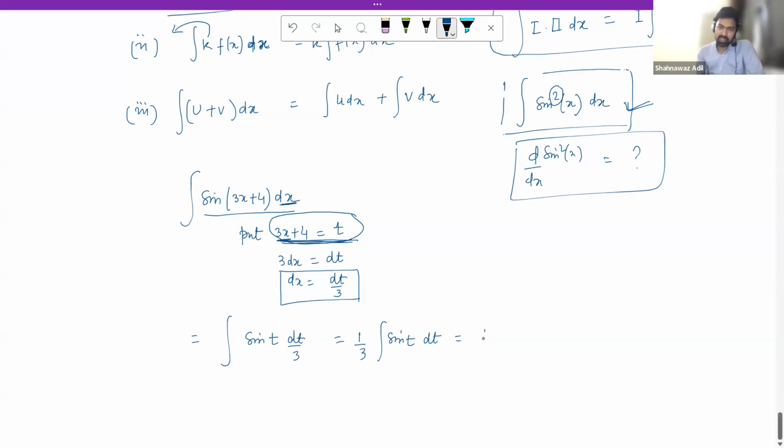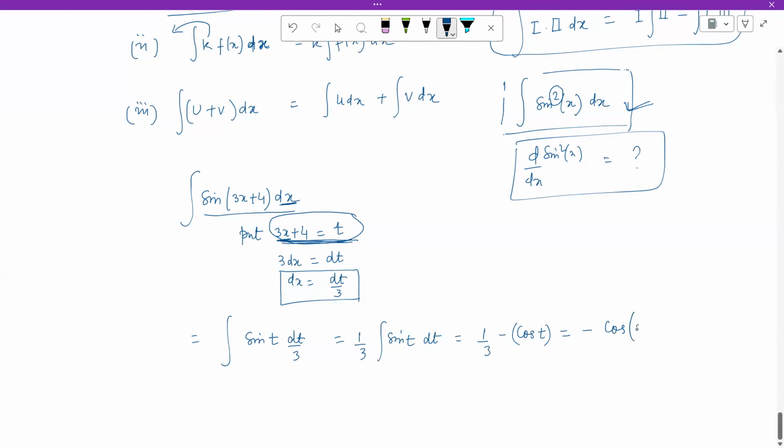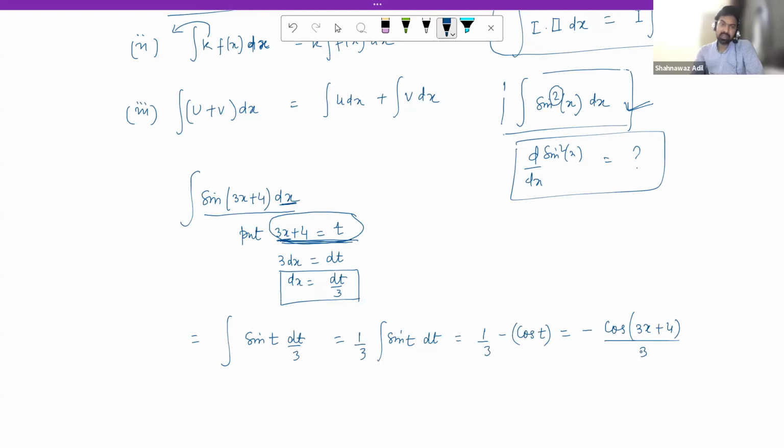So then I can write this integration as minus cos t, right? And then I can put the value of t. What was t? t was 3x plus 4. So this is how I can do this problem.